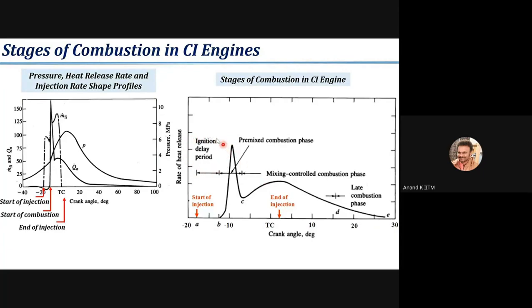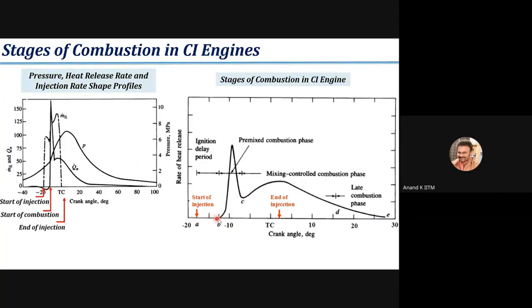This is stage 1, ignition delay time, between start of injection and start of combustion. Combustion gets started here. Then you have the second stage, premix phase combustion, from here to here, which is based on the delay time.